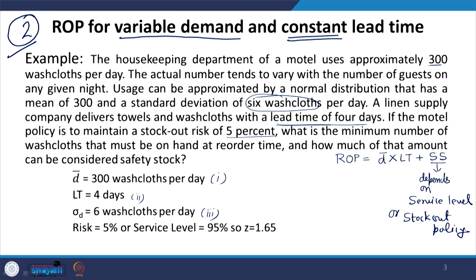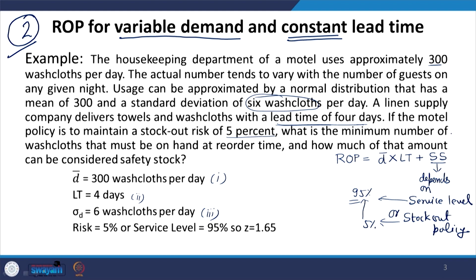So, service level and stock out policy are related to each other. If my stock out risk is 5%, then the service level is 95%. That means 95% of the time I want to serve my customer, and for getting the value of Z corresponding to 95% service level, we have already discussed that we need to go to the Z table. So, we will see how to use that.